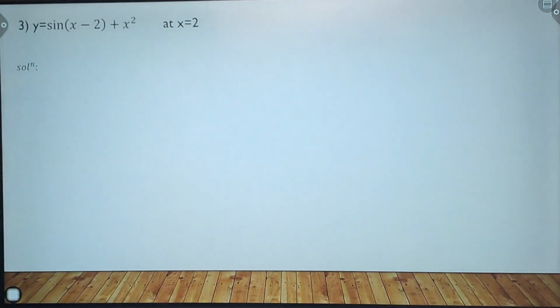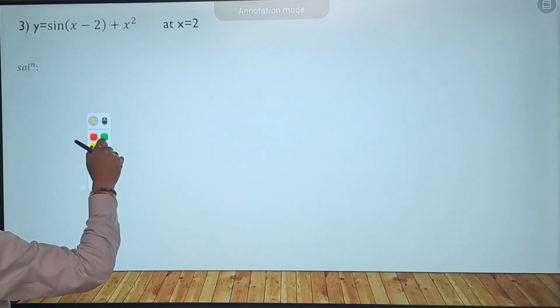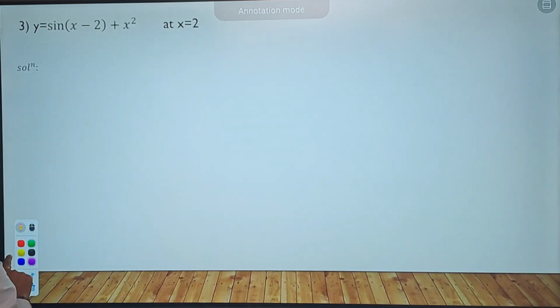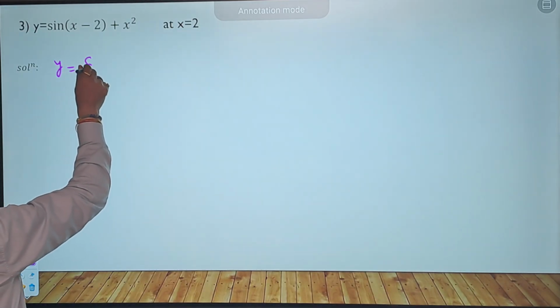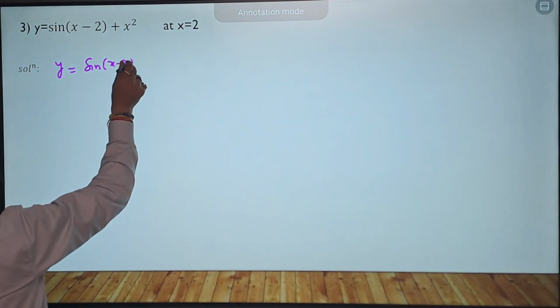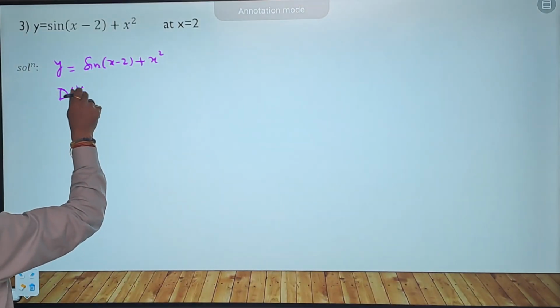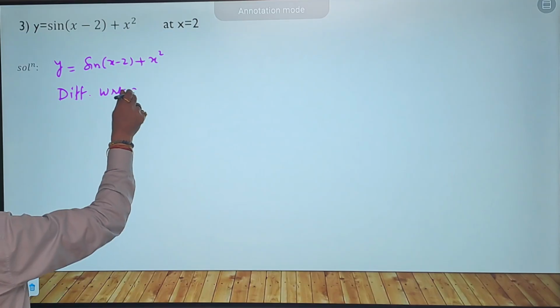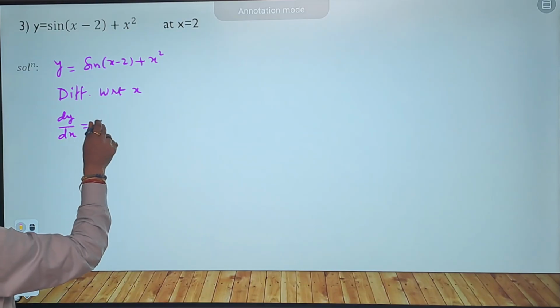y is sine of x minus 2 plus x square. Differentiating with respect to x, dy by dx is what?